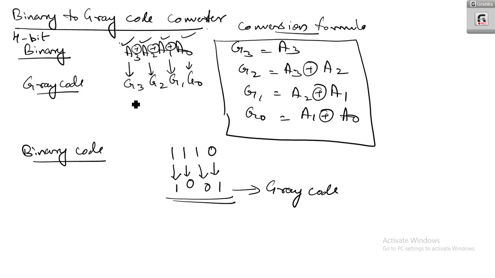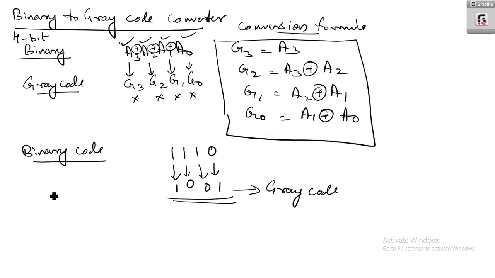Outputs are G3, G2, G1 and G0. So first of all, I am drawing the inputs: A3, A2, A1, A0.